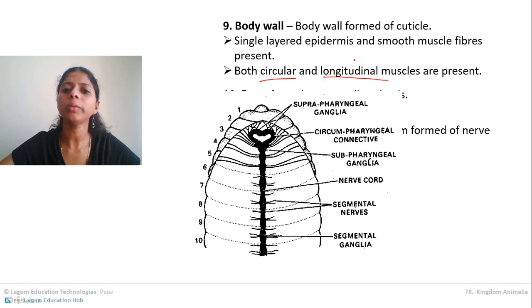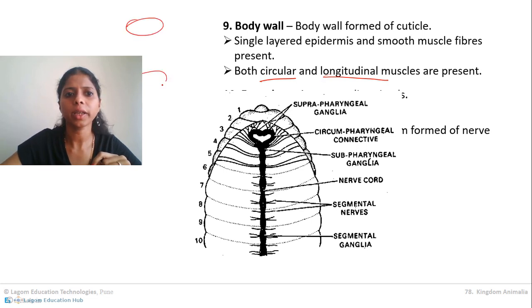Nervous system. Annelida show a proper well-developed nervous system. Their nervous system basically has 2 nerve rings, and on these 2 nerve rings there are ganglia. If you remember, I explained what exactly a ganglion is. Now you tell me, what is a ganglion? Ganglion is nothing but an accumulation of neurons.